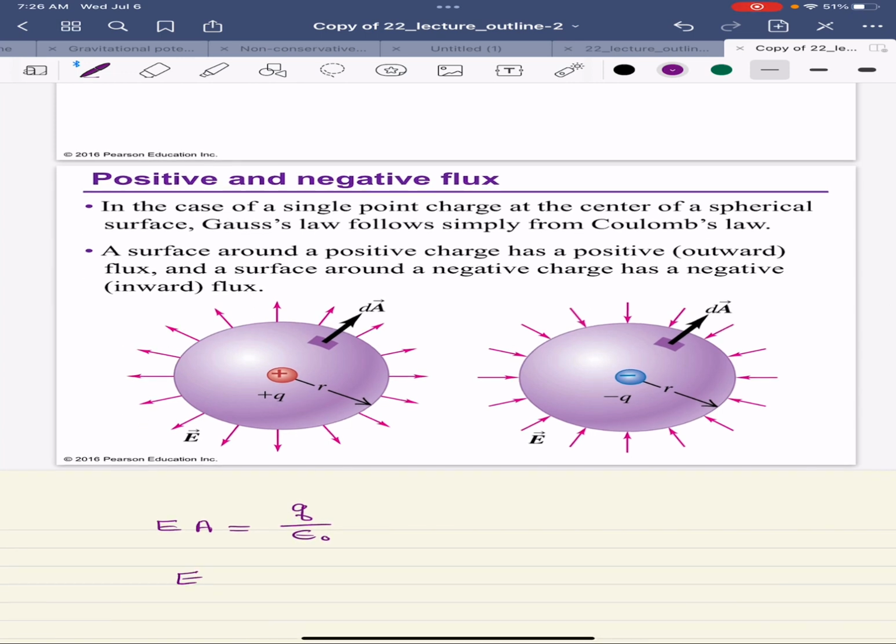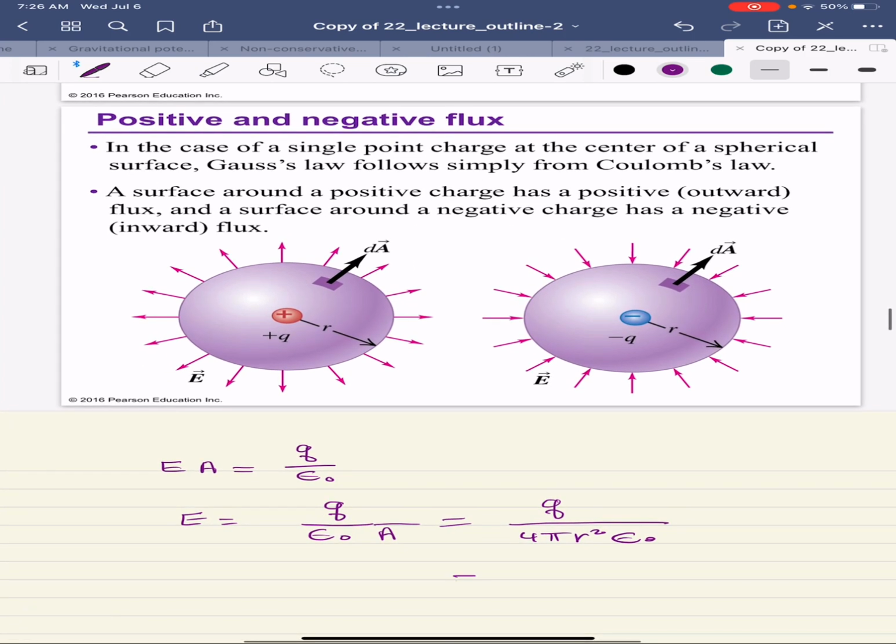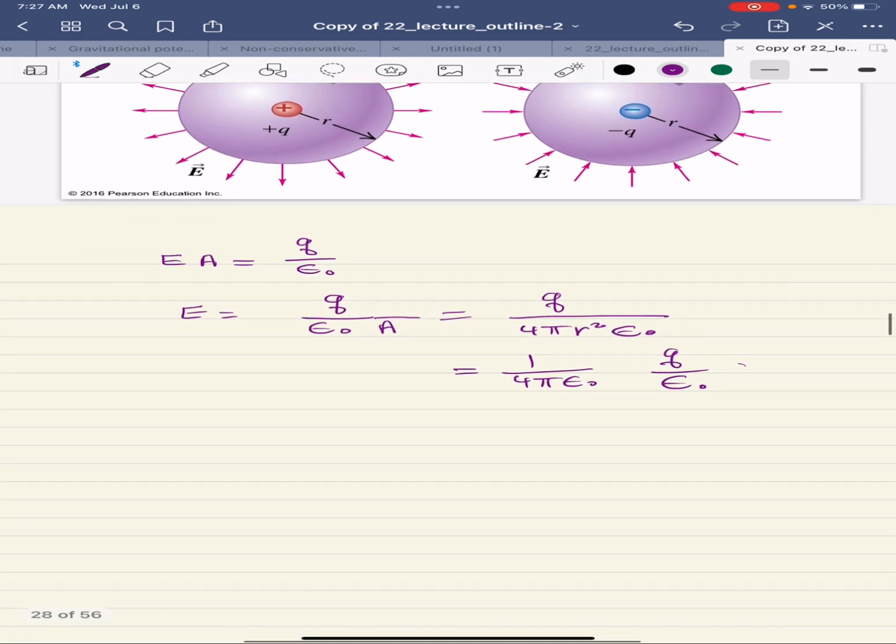Cosine 0 is of course 1. Then E is going to be Q over epsilon 0 over A, and A here is 4 pi r squared, so E equals Q over 4 pi epsilon 0 r squared. This is really the result that we have from Coulomb's law. It's the same idea, and it's the same for a negative charge.